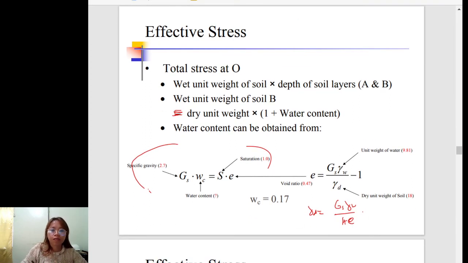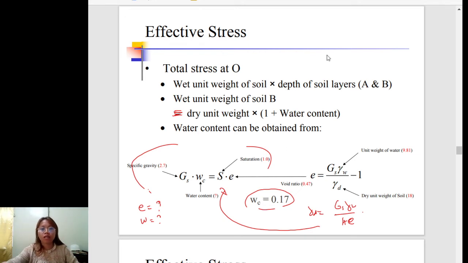So first, you have to find the value of E, the value of the water content from this, no? So pag human ani, gamit ninyo ni siya, dayon solve for the water content, which is equal to 0.17 or 17%. So try to answer again, no, the example, so that ma-compare niyo.